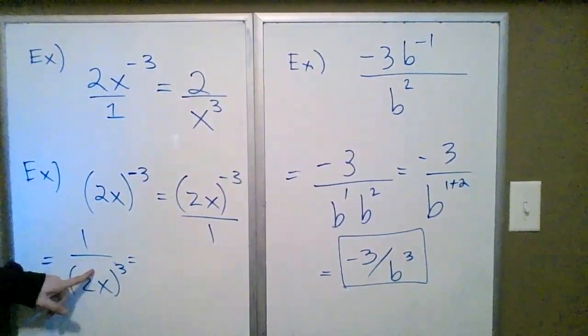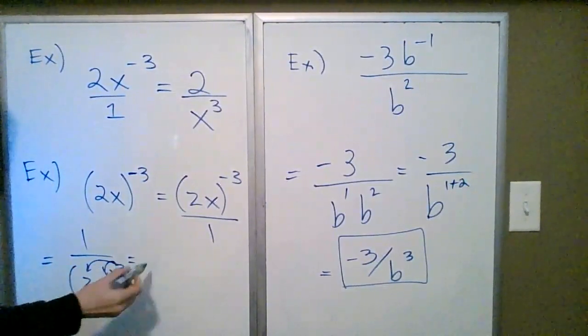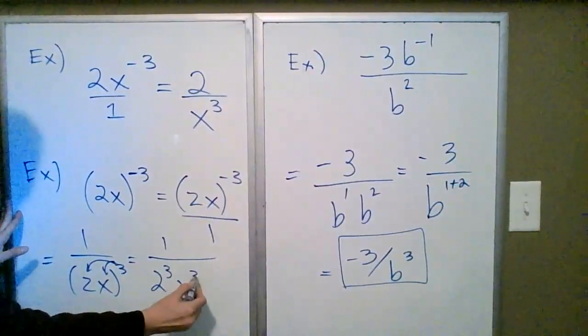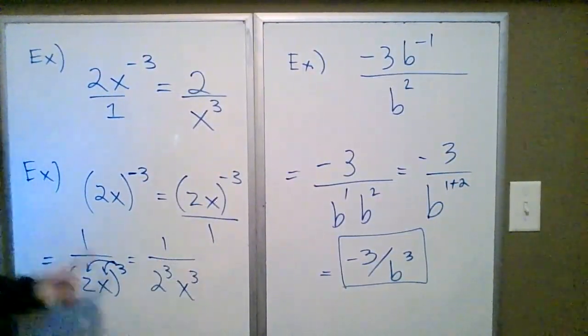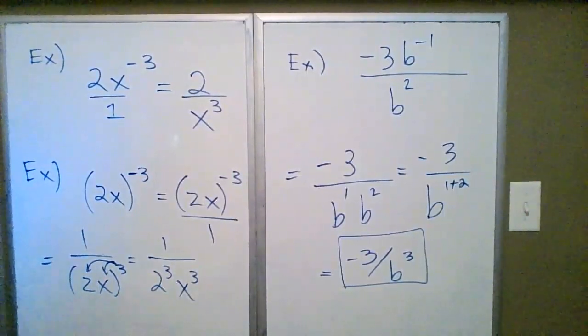And then we're going to have 2 cubed and x cubed. Two cubed is 8. So this is 1 over 8x cubed.